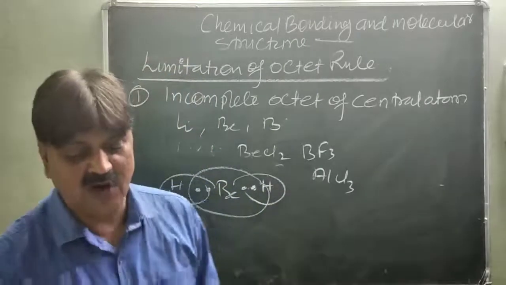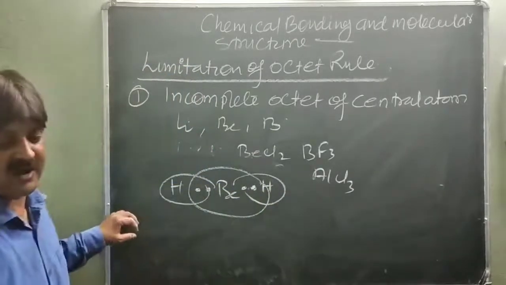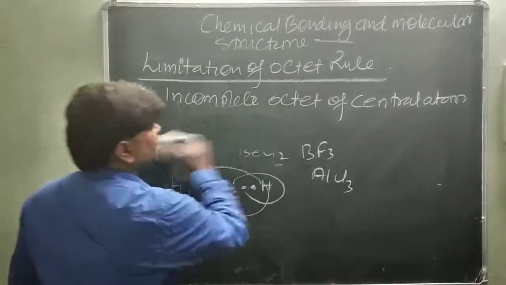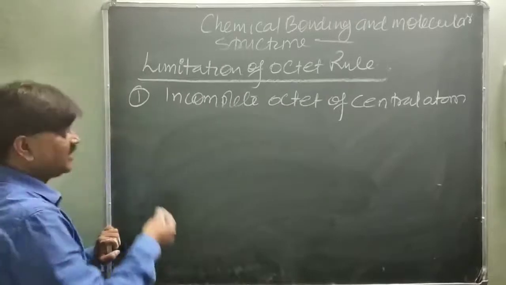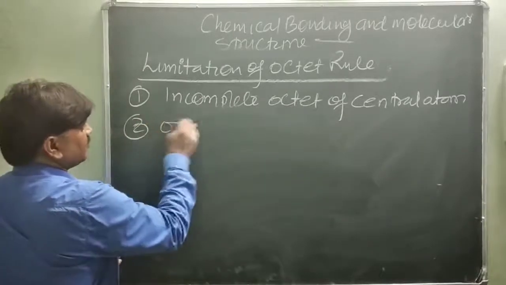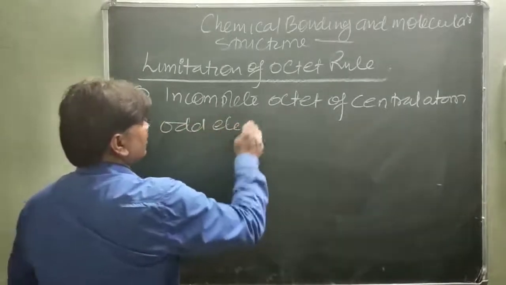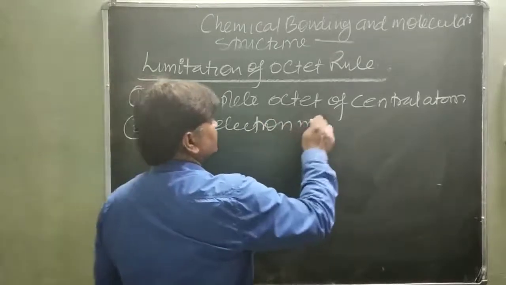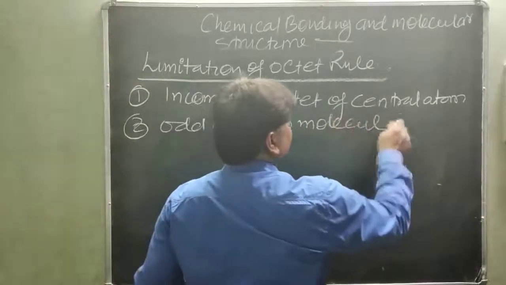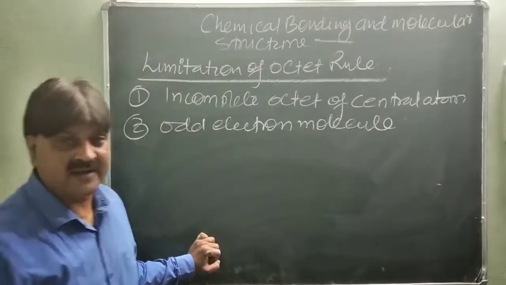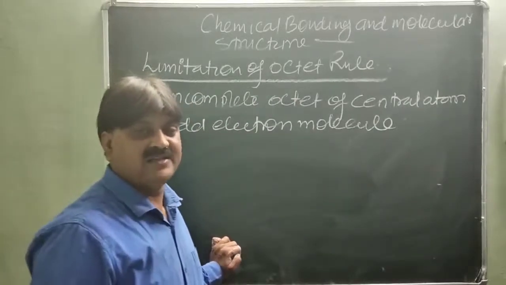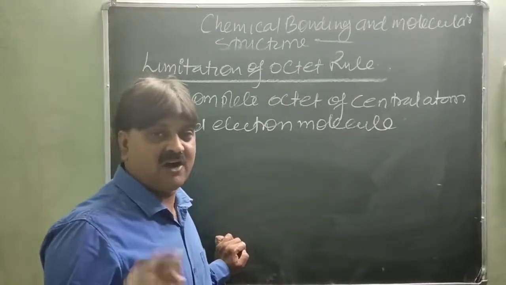Another drawback is odd electron molecules. Odd electron means there are fewer than 8 electrons and the number is odd, not even.